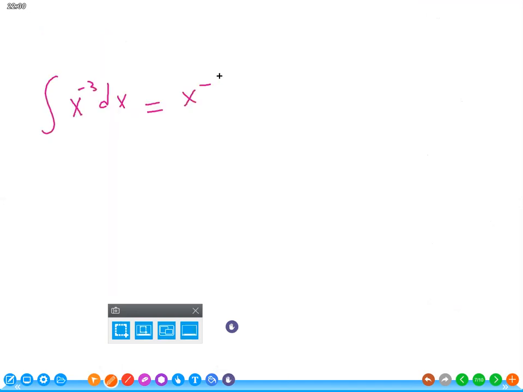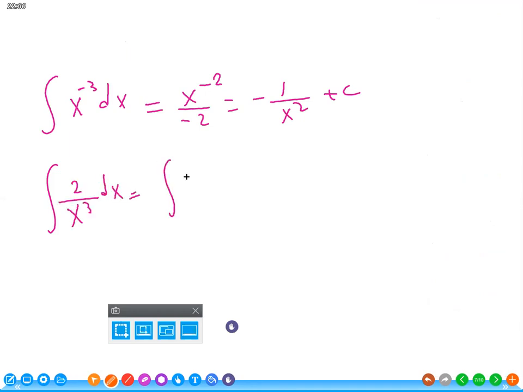And your answer must be simplified, all with positive exponents. So minus 1 over x to the power 2 plus c. If we have 2 over x to the power 3 dx, you need to rewrite 2x to the minus 3 dx, rewrite, integrate, add 1, plus c. Simplify your answer, cancel, minus 1 over x squared plus c.